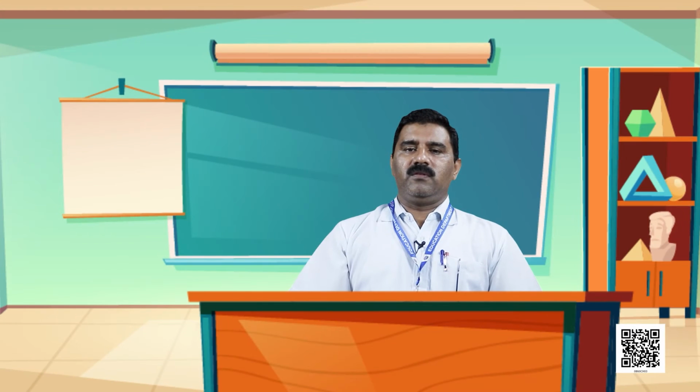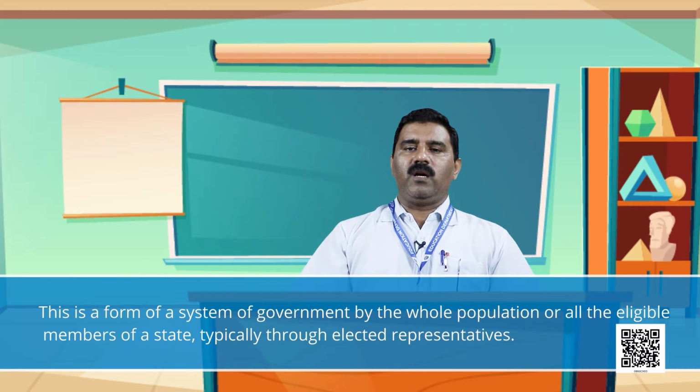Now students, the most important form of government is democracy. This is a system of government by the whole population or all the eligible members of a state, typically through elected representatives.